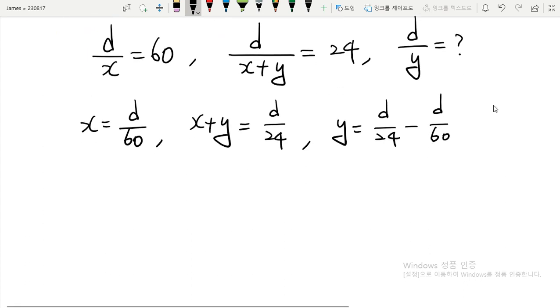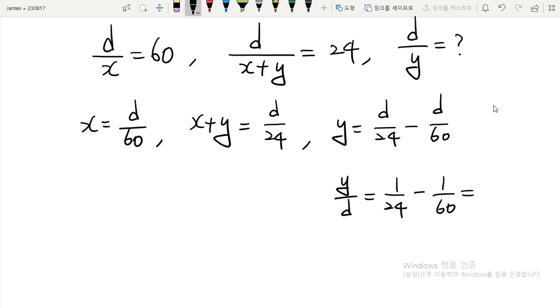So when we divide both sides by d, this makes y over d.